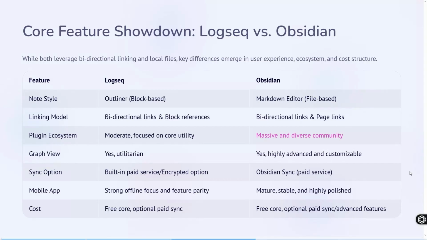For the synchronization options, Logseq has a built-in paid service or an encrypted option, and it's named Obsidian Sync on Obsidian, and it's also a paid service. For the mobile app, Logseq has a strong offline focus and feature parity, and Obsidian has a mature, stable and highly polished mobile app. For the cost, Logseq is free for the core, and there are some optional paid syncs, and it is basically the same for Obsidian, but it also has some more advanced features.